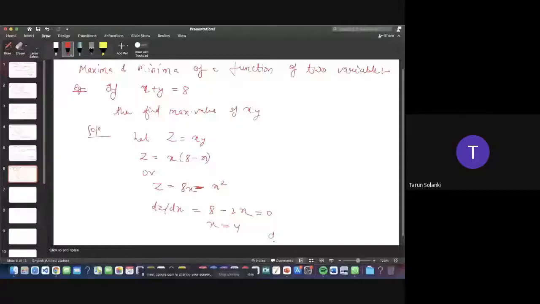So d square z/dx square equals minus 2, which is less than 0. So we can say x equals 4 is a maximum point. So the maximum value of z is 8 into 4 minus 4 square, so it will be 16.